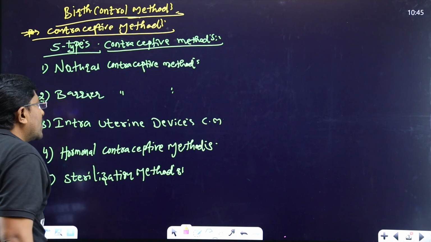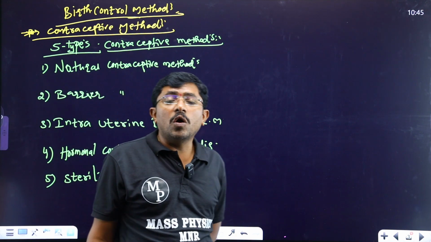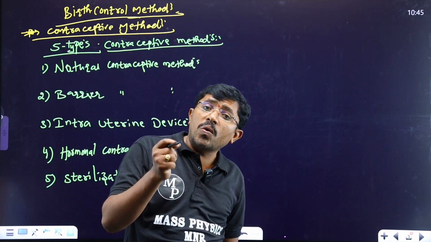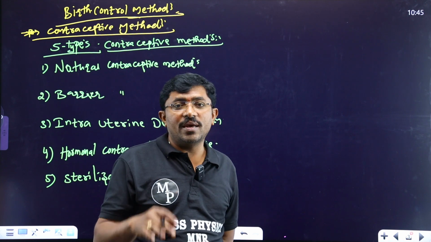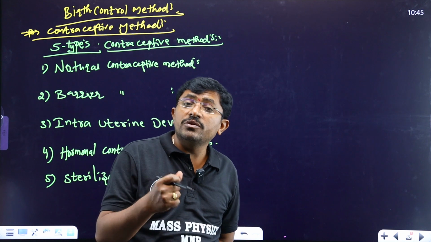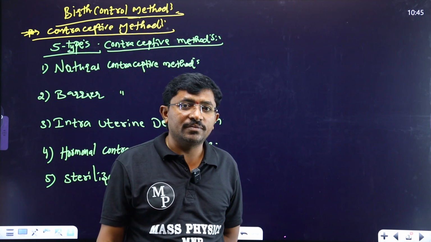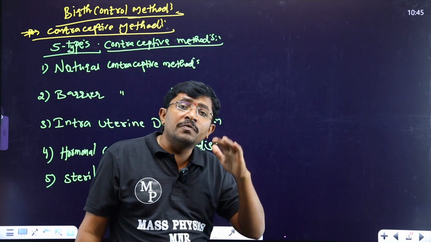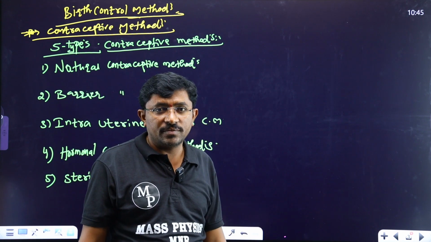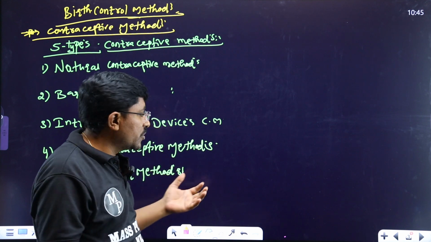In these five types of contraceptive methods, how many methods are used by only females? How many methods are used by only males? How many methods are used by both male and female? In these five types, no method is for only males.